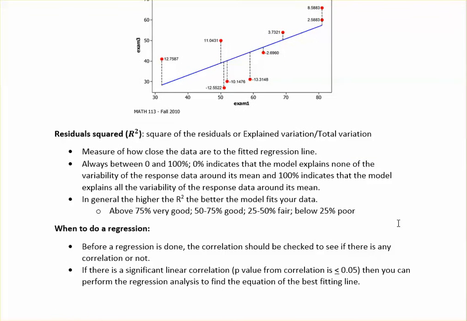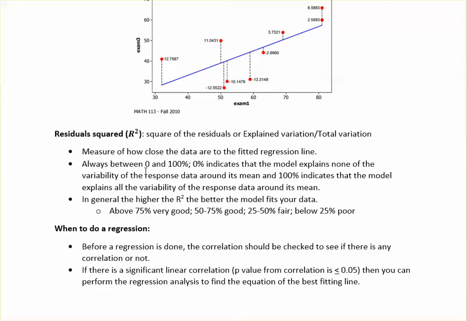R squared, which might show up just as R-SQ, is the explained variation over the total variation. This is a measure that you will be talking about when you do your write-up for this type of test. R squared is the measure of how close the data are to the fitted regression line.